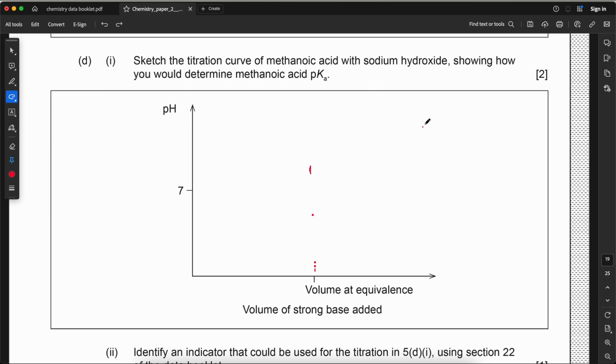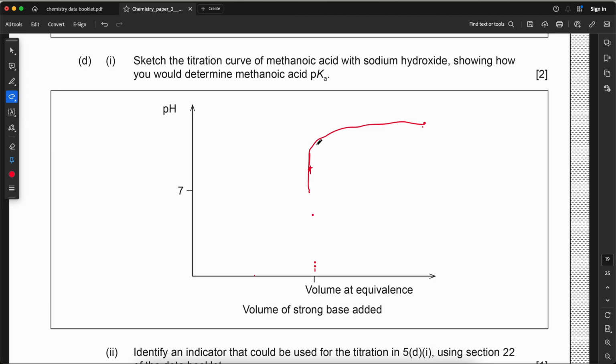Okay, let's say maybe around here. And methanoic acid is a weak acid, so now at half here, this will be the equivalence point. Okay, so let me just do it like this.